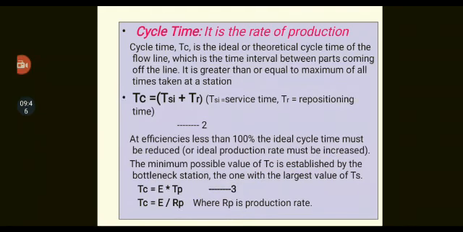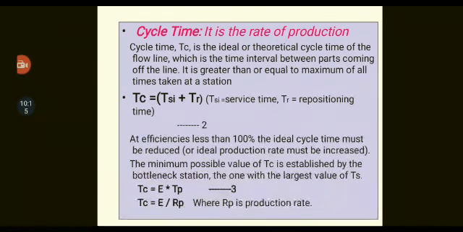Next terminology is cycle time. What is cycle time? Cycle time is the ideal or theoretical cycle time of the flow line, which is the time interval between parts coming off the line.